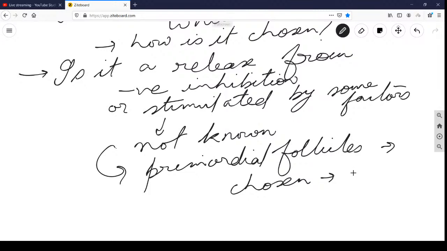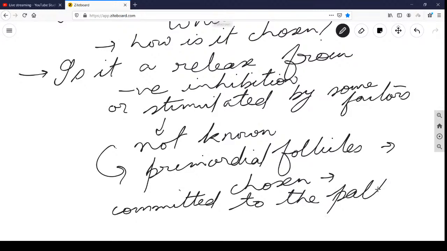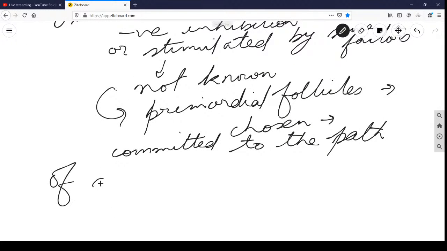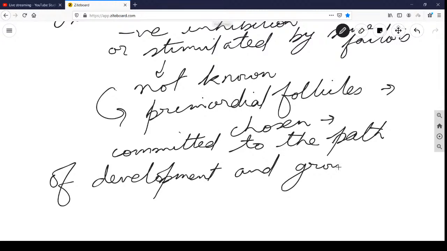They which are chosen would be committed to the path of development and growth.